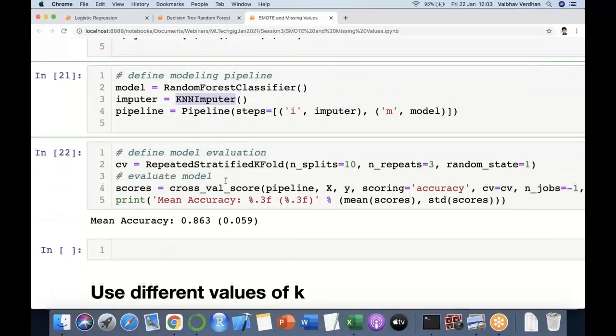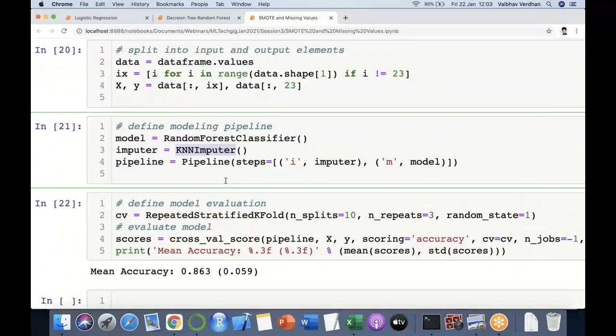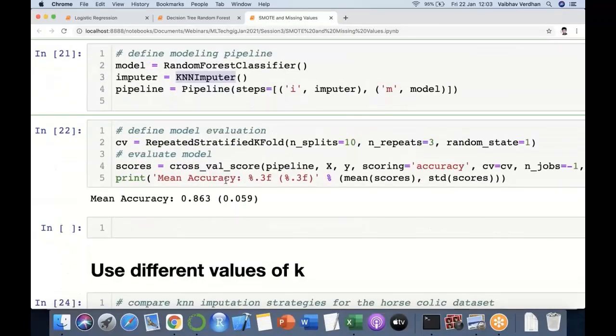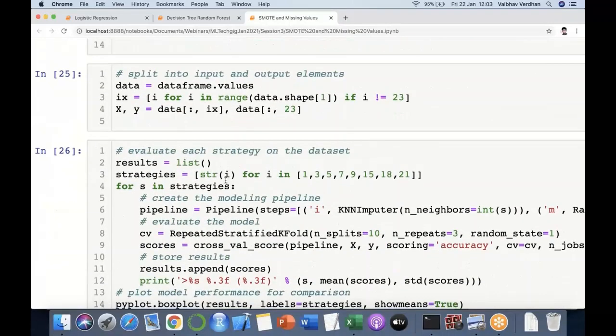Okay. Again, I'm not going into the complete depth of that. Now you can take the code from the GitHub link and work on that. Okay. One important thing to note is that in k nearest neighbor, k is a very important KPI. Based on different values of k, your solution's performance will change.